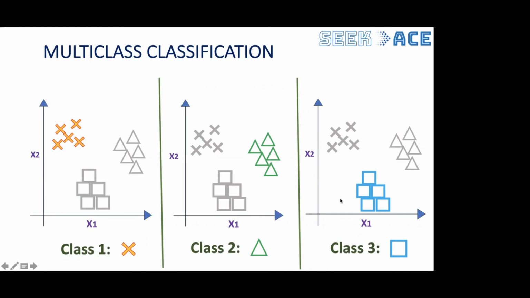Then, for a given set of feature variables, every class will return you a probability.